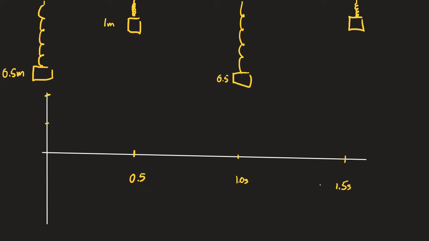Now, I'm not going to draw all of these, but in the middle, I'll draw it right here. It's in the equilibrium position. So it's at 0.75 meters. And of course, it's like that here, and it's like that here as well. Okay?